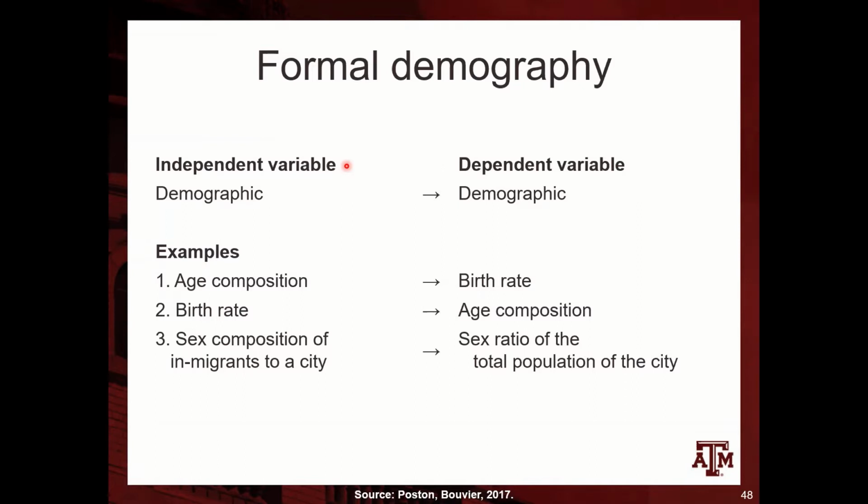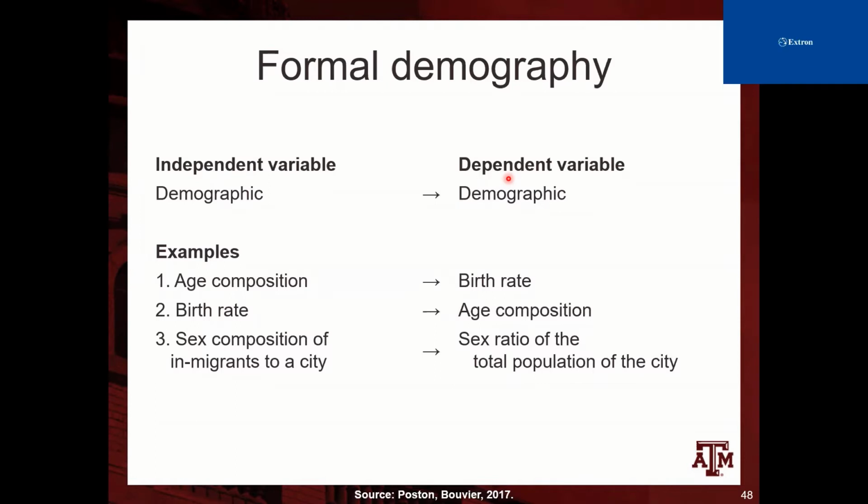Because of that, to better understand what independent variables and demographic variables are, at the beginning of this lecture, I added those slides about what variables are, what observations are. But here in formal demography, it's what we would say the traditional demographic studies. It's when researchers had a main interest on how some demographic variables affect other demographic variables.